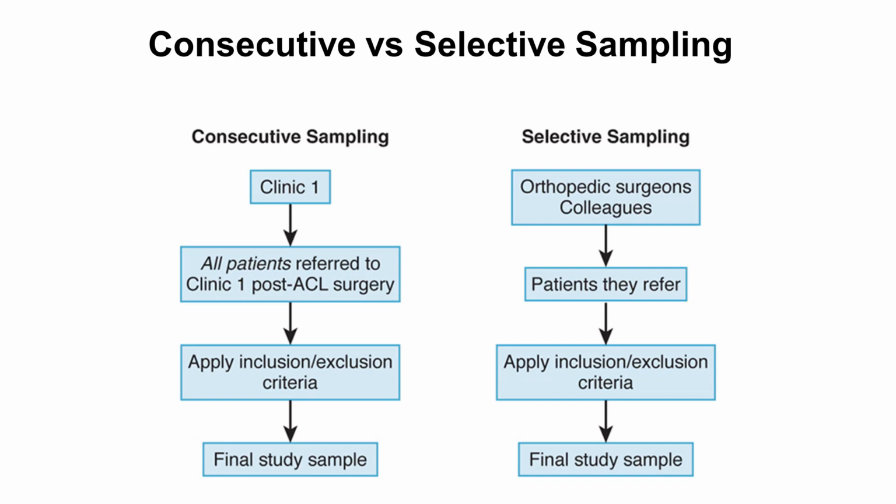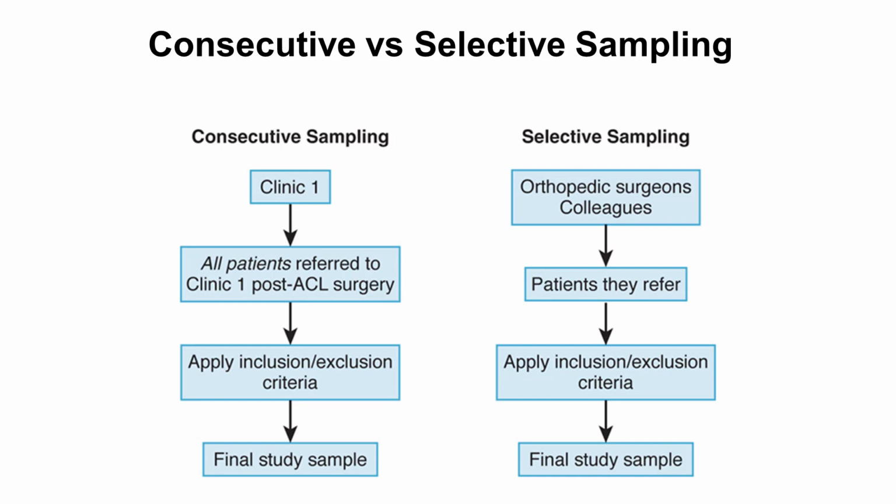Okay, selective sampling is shown on the right-hand portion of this slide. An example of selective sampling would be orthopedic surgeons who were colleagues referring patients for a particular study. Any patient that they actually referred would have the inclusion and exclusion criteria applied to them, and this would be the final study sample.